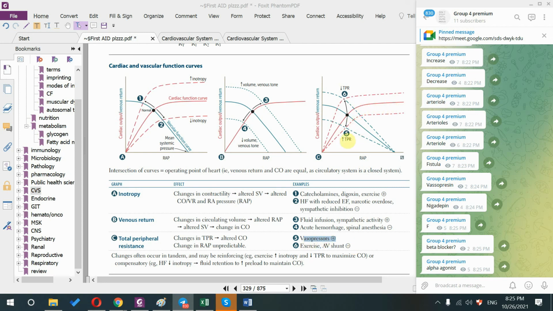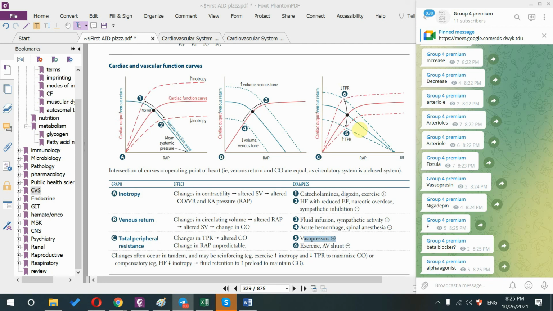If that is the case, the total peripheral resistance will increase. If it increases, the venous return will decrease. If it decreases, the graph will go down on the vascular function curve. But if you speak about the cardiac output, the cardiac output will also decrease. Why? Because when the heart sees so much afterload against it, it's like, I'm not getting any blood outside of here, the afterload is so high, so the cardiac output goes down.